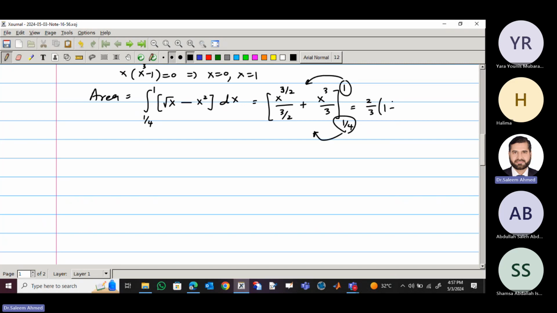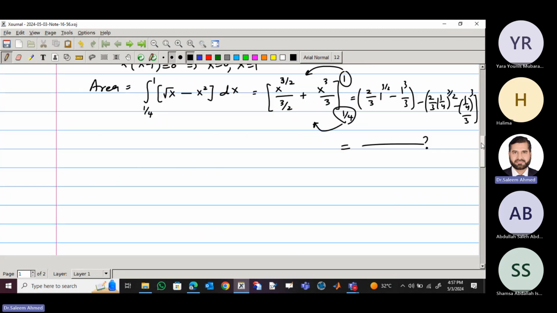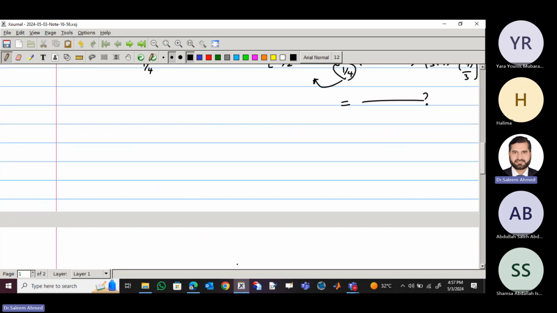If I put 1, it becomes 2 by 3 times 1 to the power 3 by 2, minus 1 cubed by 3. Then if I put 1 by 4, you get 2 by 3 times 1 by 4 to the power 3 by 2, minus 1 by 4 cubed by 3. You can use a calculator and write the answer. That's how you can find the area between curves.